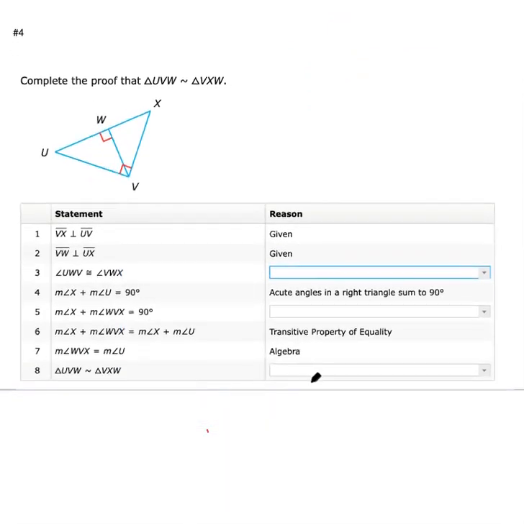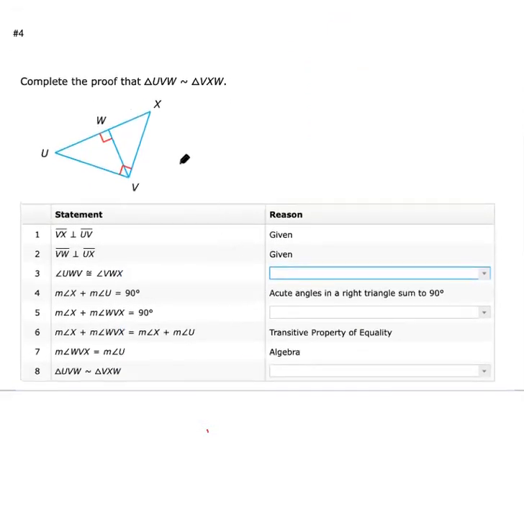Okay. This last one here: complete the proof that triangle UVW is similar to VXW. So our given is going to be that VX is perpendicular to UV, so that means they're going to meet, they're going to cross. They're not parallel.